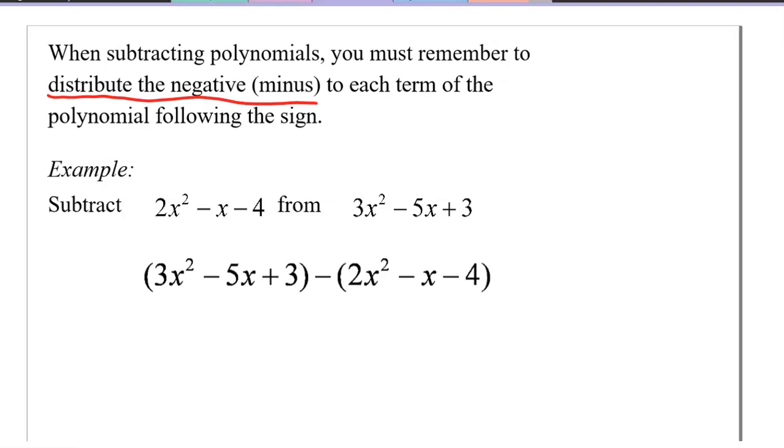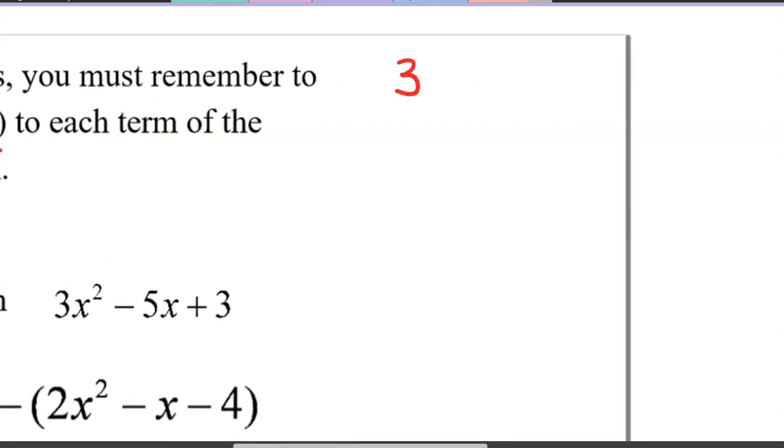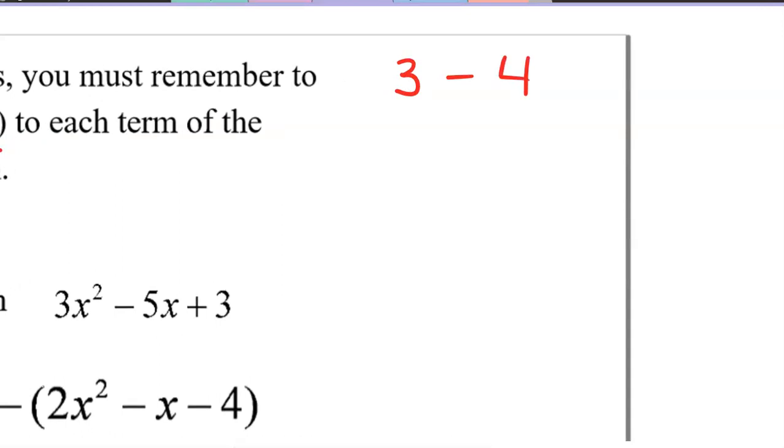Now, let me backtrack to maybe when we learned about how to add and subtract negative numbers. You may have remembered when you first learned this, if you take a problem like 3 minus 4, that a lot of teachers said to you, well, this is the same thing. 3 minus 4 is the same thing as 3 plus a -4.